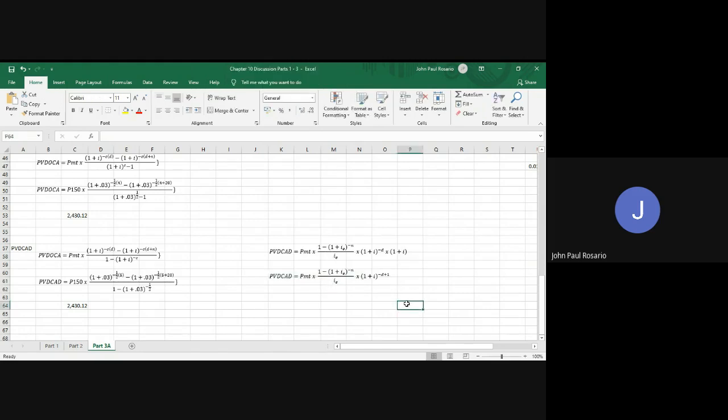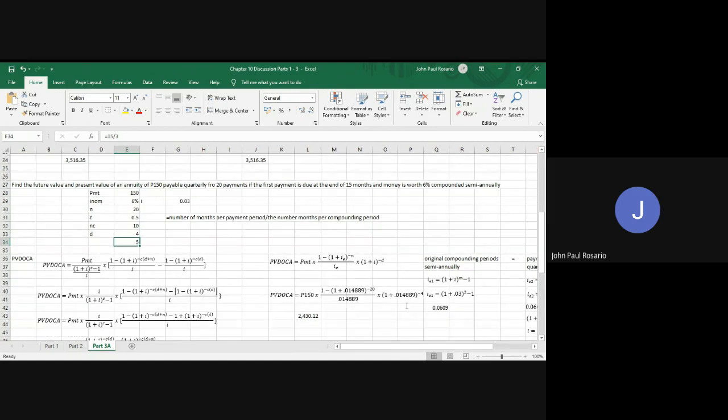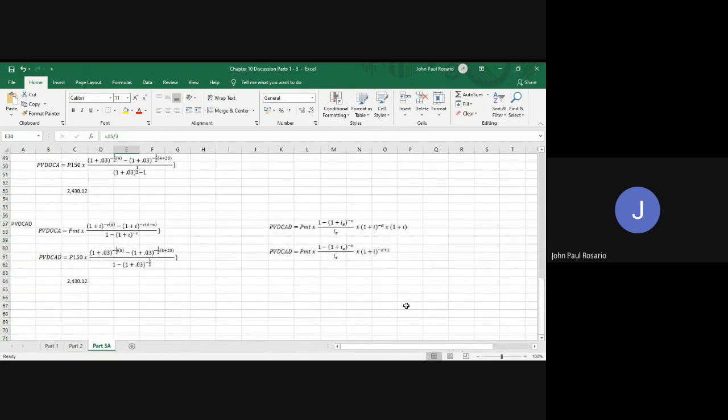Our d here for ordinary annuity is 5 minus 1, but for our annuity due, it's the whole period of deferment without deducting one period from it.